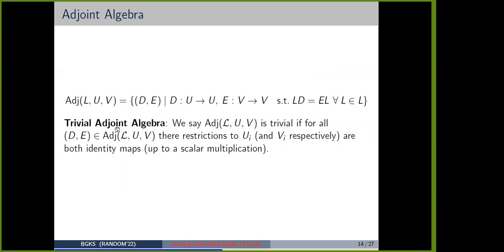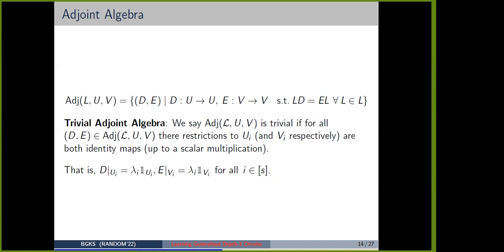We say that this algebra is trivial if the restrictions to the subspaces Ui and Vi are identity up to scalar multiplication, which means that if you restrict D to Ui, that's equal to lambda i times identity, and if you look at the restriction of E to Vi, that's again identity up to some scalar multiplication, for all i in S. It's easy to check that these trivial maps will always be in the adjoint algebra, and when we say our adjoint algebra is trivial, we mean there's nothing in the adjoint algebra apart from these.